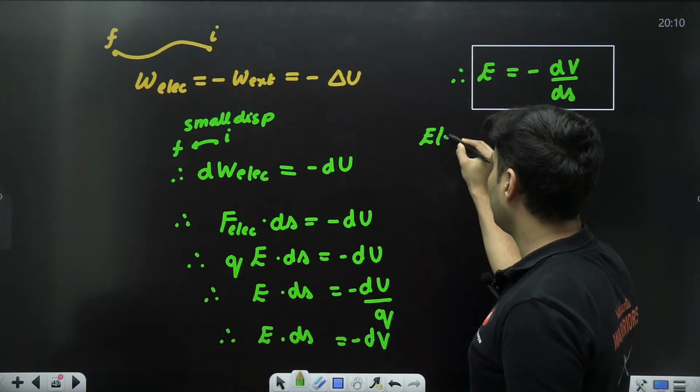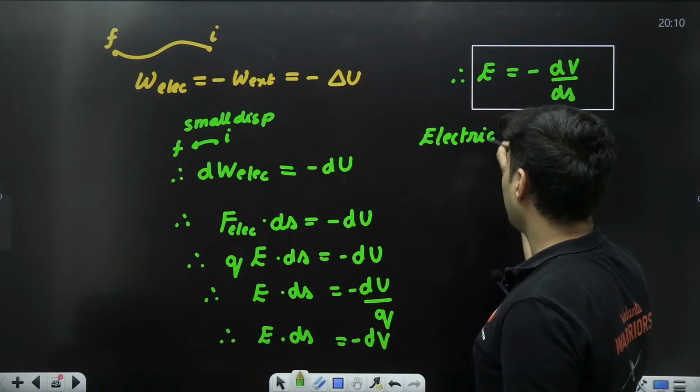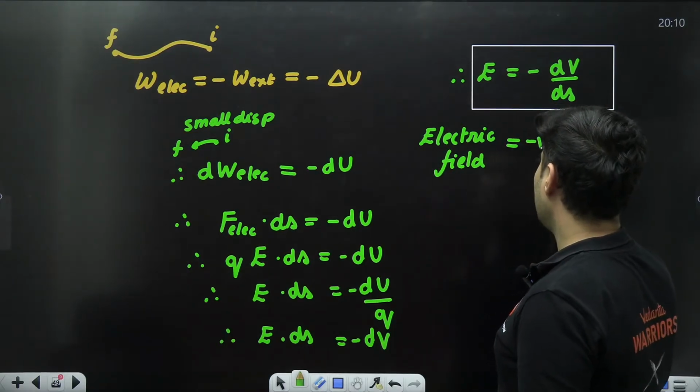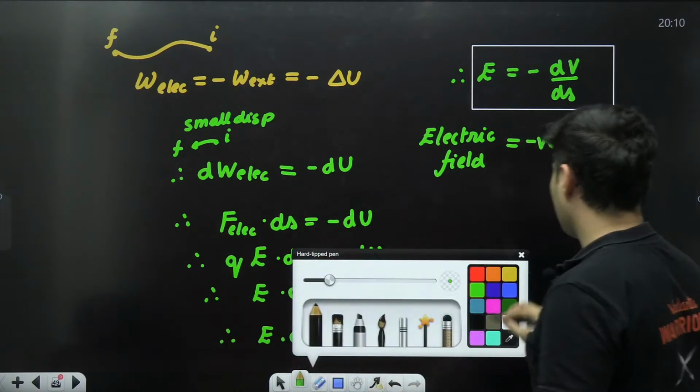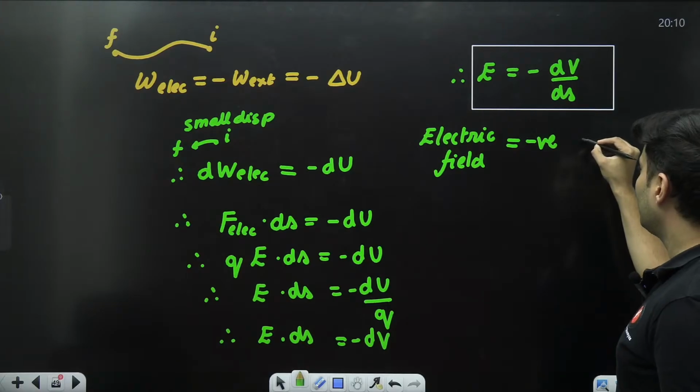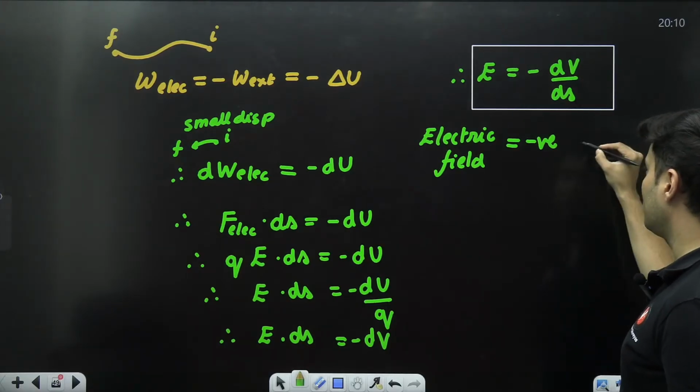So electric field is equal to negative times, what? The rate of change of voltage with distance.